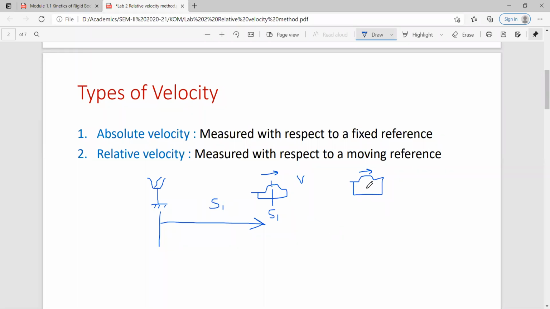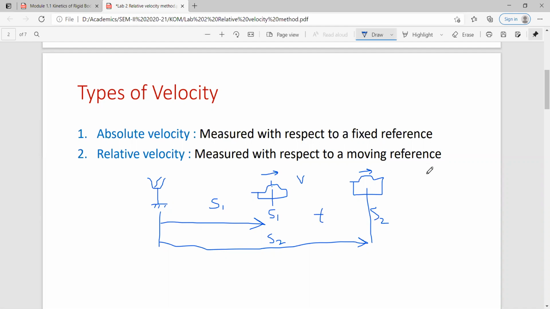In position 2 you will again measure the distance of the car from the same fixed reference, the tree. Say it is S2, and the time elapsed between these two positions S1 and S2 is small t.